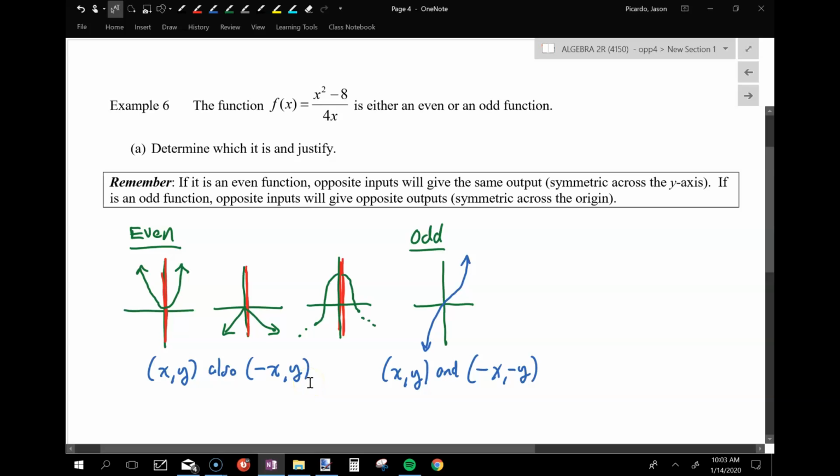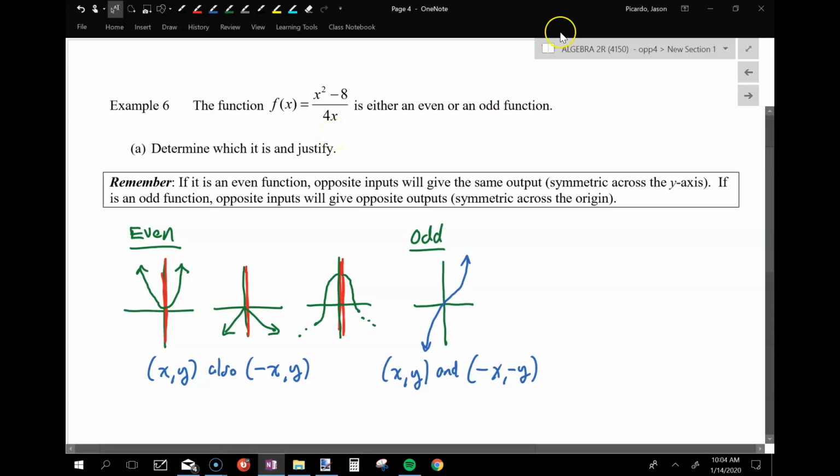I get the same thing, right? So here, if I changed this x to be a negative x and I got the same exact thing, then it would be even. If I change the x to be a negative x and I got the negative version of this, it would be odd. If I didn't get either one of them, it would be neither.